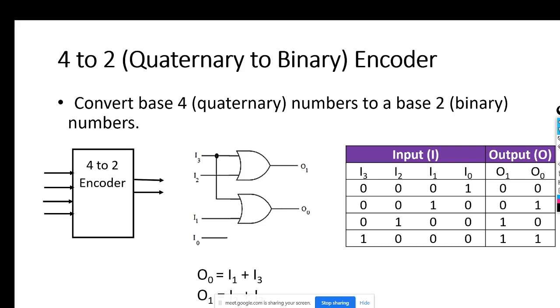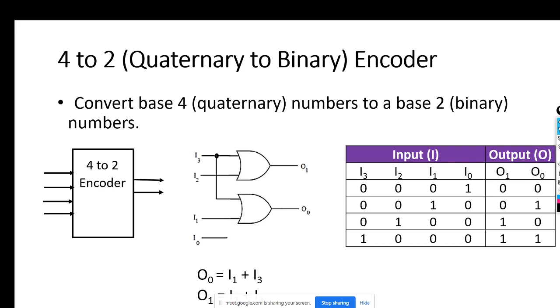Multiplexers mean we have many input lines but only one output line. We want to make sure that only one of the inputs is at the output, or we have tuned to one of the inputs. The use of encoders is completely different. Usually we use encoders to convert a number from one base to another base.